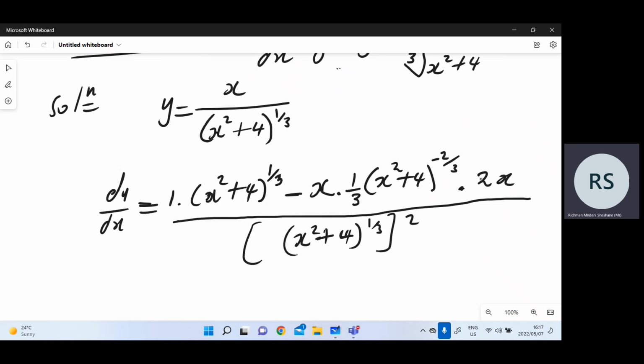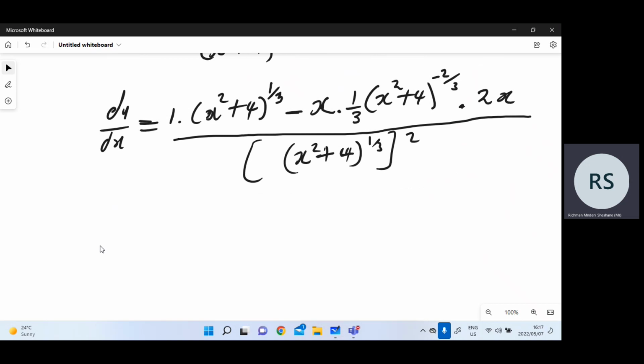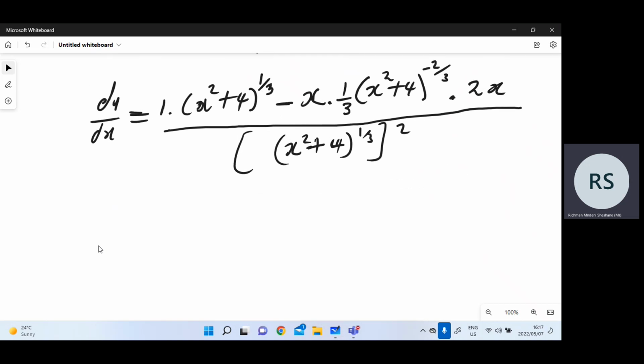So the next step, which I think you understand, is high school work. It's just simplification, just for exercise and testing you. Show that after you simplify this, you get x to the power of 2 plus 12 over 3 times (x squared plus 4) to the power of 4 over 3.